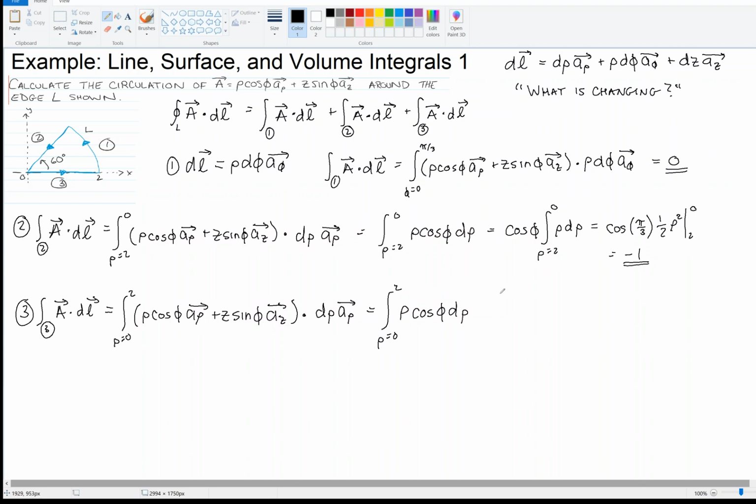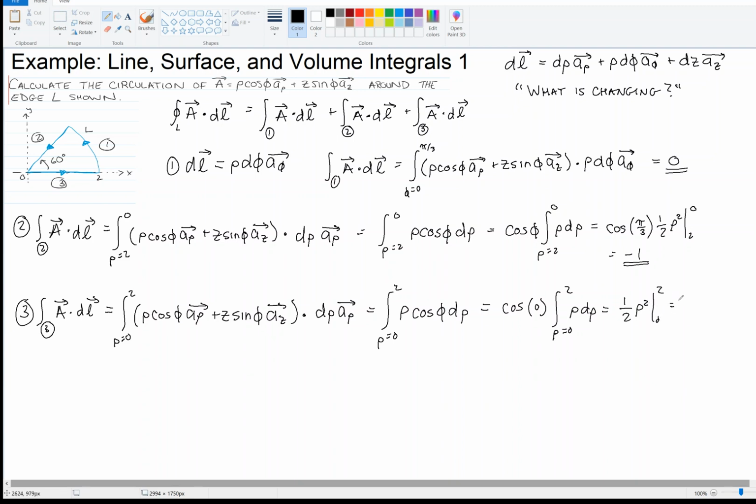It's similar to the last one. Cosine of phi is a constant as far as rho is concerned, and so I'll bring that out of the integral, and the angle phi now is not pi over 3, but it's 0 along segment 3. So this is cosine of 0 times the integral of rho d rho from 0 to 2. Cosine of 0 is 1, and integrating rho d rho gives 1/2 rho squared from 0 to 2.